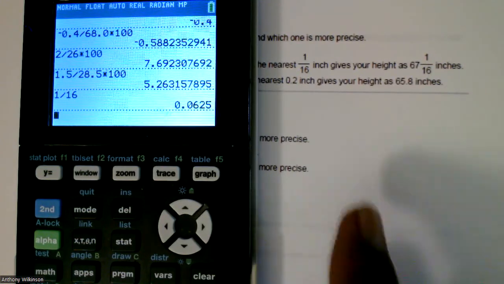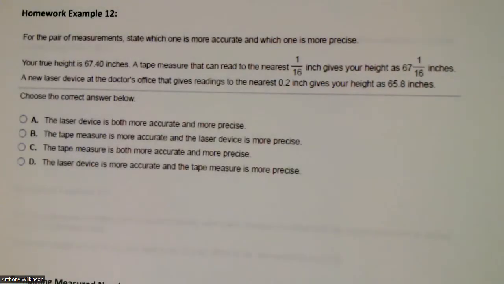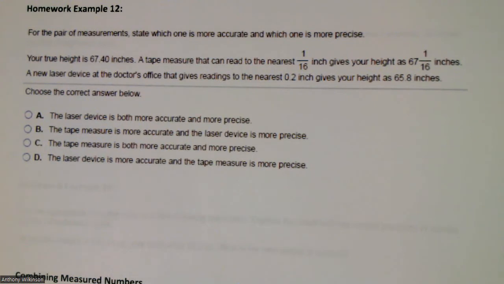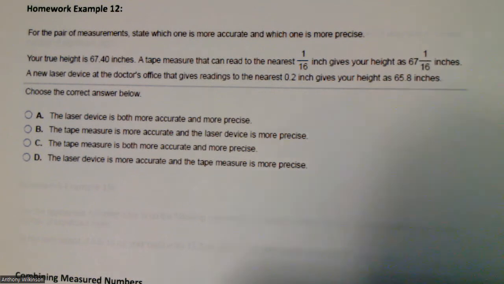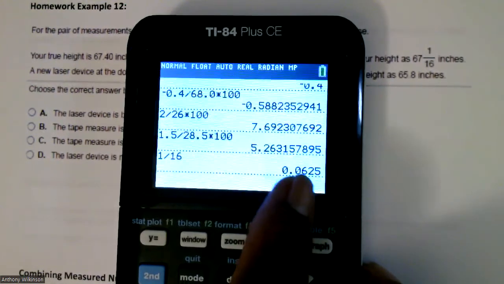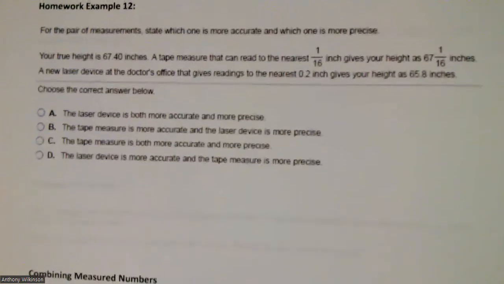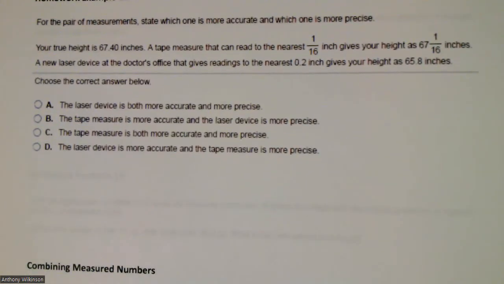That tape measure would be more precise than the laser device they're using, because the laser device is only precise to 0.2 inch, while the tape measure is precise to 0.0625. So I would think that the tape measure would be more accurate and, not only that, more precise.